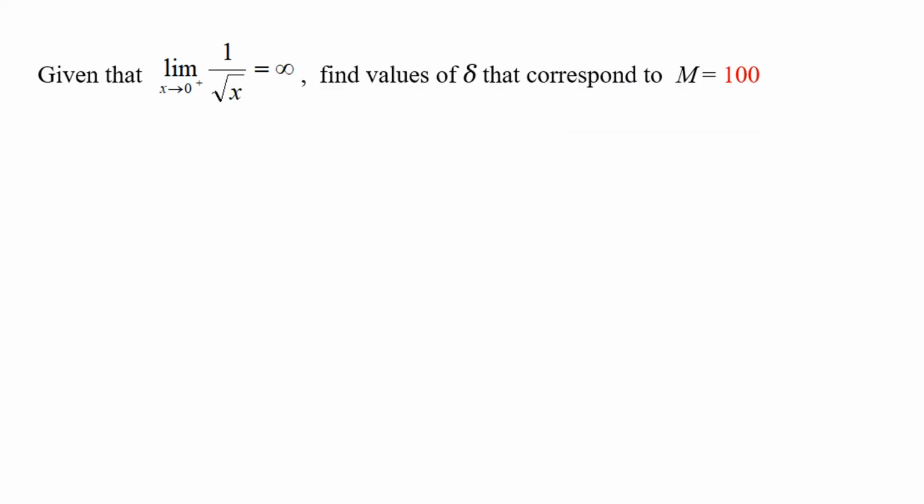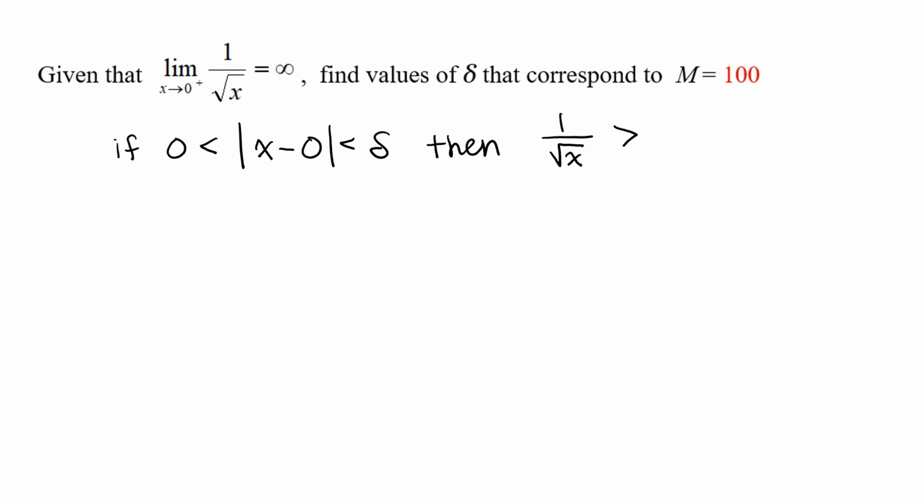Given that the limit as x approaches 0 from the right of 1 over the square root of x is equal to infinity, find values of delta that correspond to m is equal to 100. So that means that if 0 is less than the absolute value of x minus a, so x minus 0 is less than delta, then f of x, so 1 over the square root of x, is greater than m, which is 100.